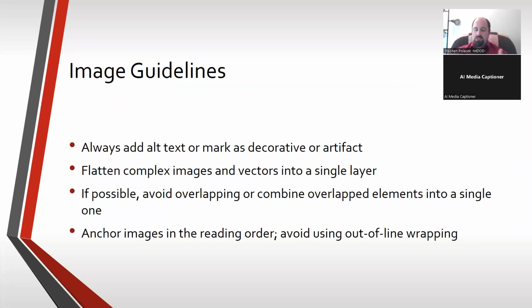All right, image guidelines, things we need to consider. As per any accessibility presentation ever, always add alt text to non-text content. The other point here, though, is you can mark elements as decorative or artifacts so a screen reader can ignore them. That's mostly used for things that are purely decorative, like a divider line or a separator to try and pull people's attention away from things or pull it into a certain order.